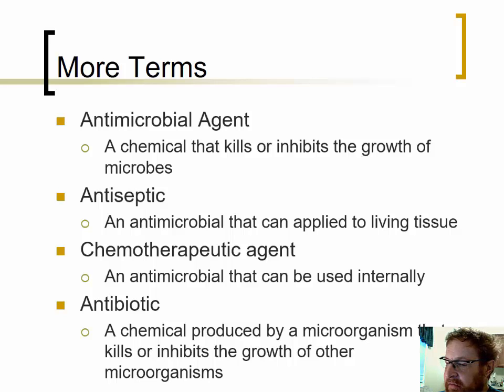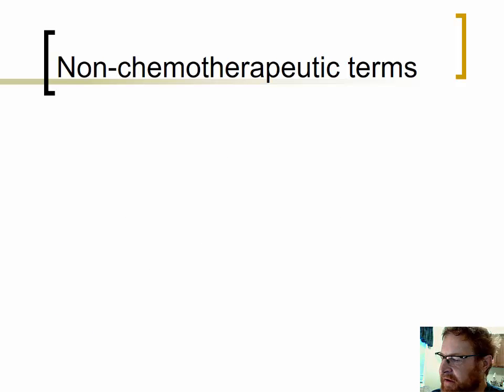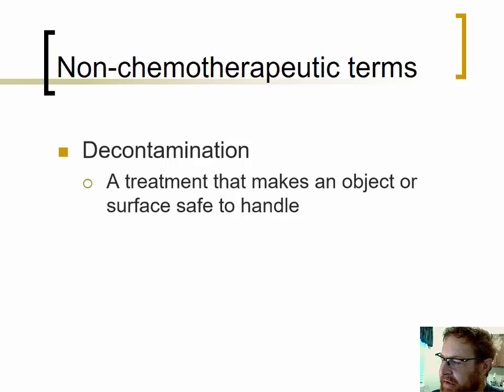And finally, an antibiotic is a chemical produced by a microbe that kills or inhibits the growth of other microorganisms. That term antibiotic is, again, very specific in that this is a chemotherapeutic agent which we can take internally in almost every case, and that is going to either kill or inhibit the growth of other microorganisms.